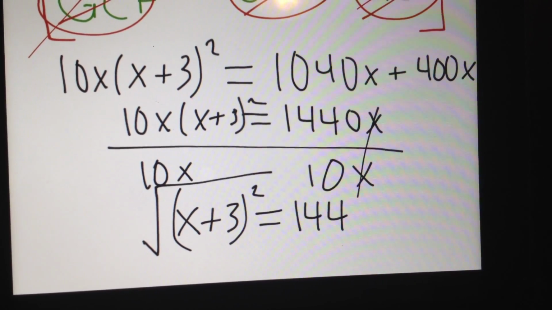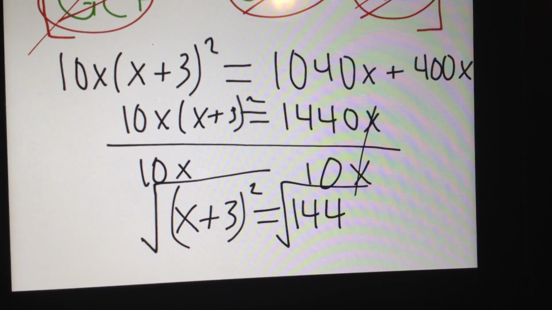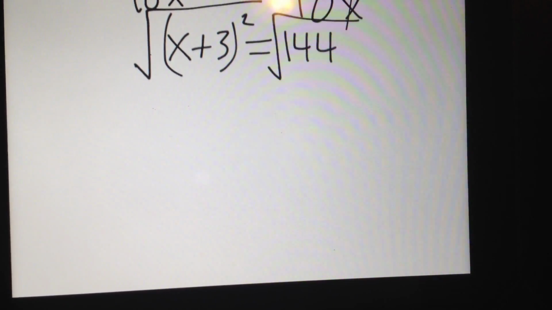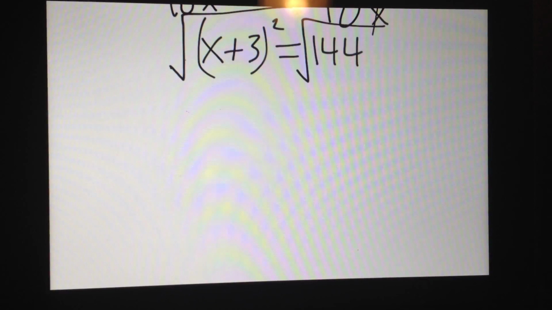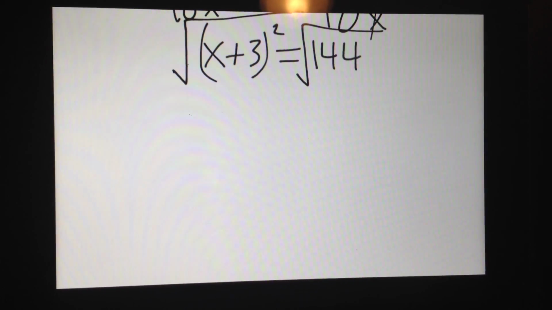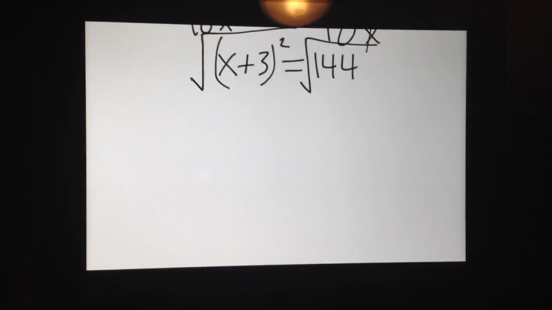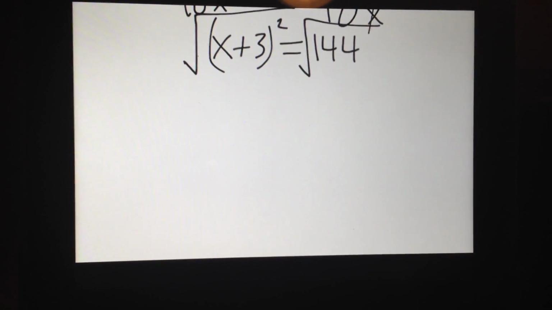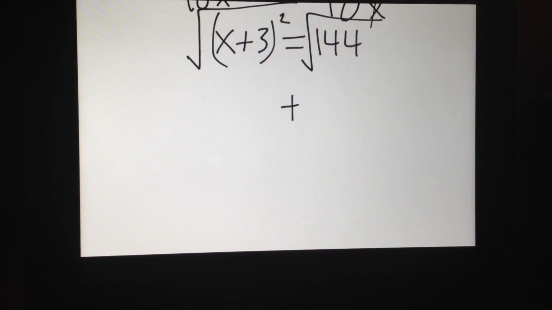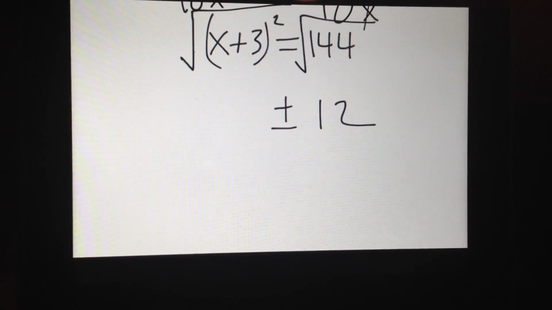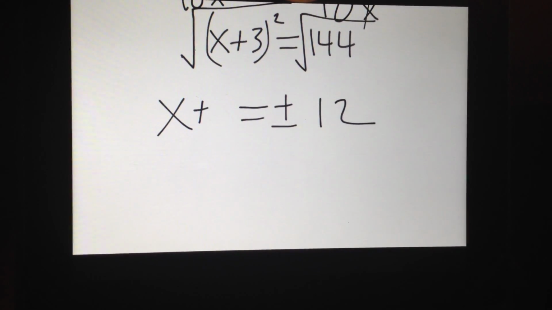Now I take the square root of both sides. And remember, when you take the square root of something, you get two solutions because it could be positive or negative, so you get plus or minus 12 equals x plus 3.